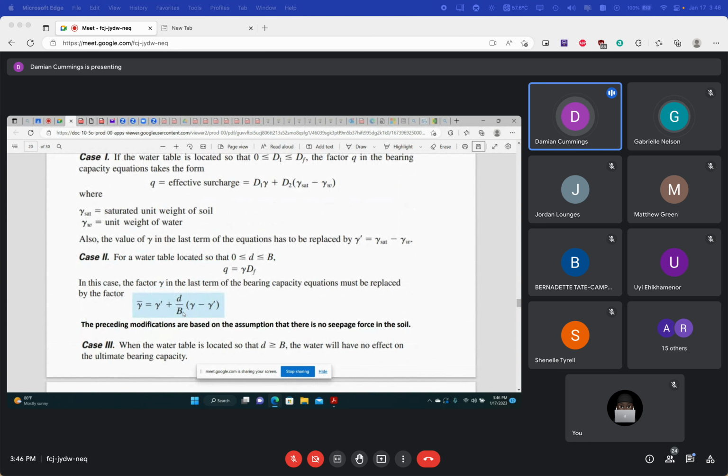So we need to calculate all of this to get this value to put into that equation now and replace that term. Okay, sir. Clearer now? Yes, sir. Okay.